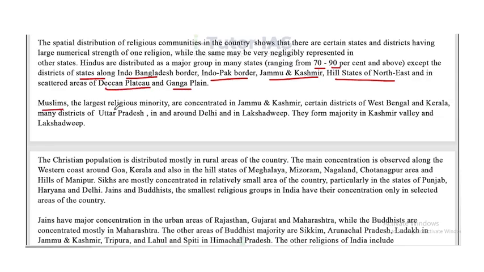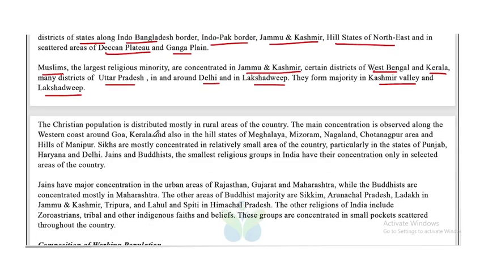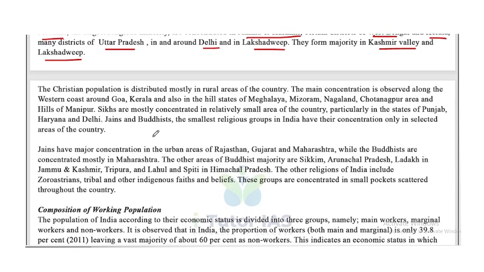Muslims, the largest religious minority, are concentrated in Jammu and Kashmir, certain districts of West Bengal and Kerala, many districts of UP in and around Delhi, and in Lakshadweep. They form the majority in the Kashmir Valley and Lakshadweep.